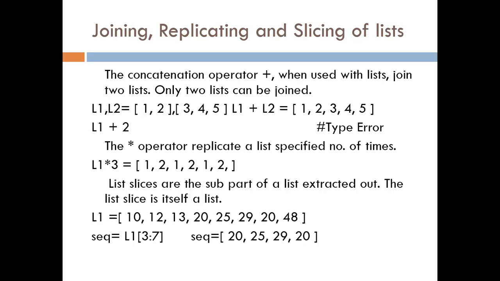The plus operator, when used with lists, requires that both operands must be of list type. You cannot add a number or any other value to a list. So L1 plus 2 gives us an error. So you now know that you cannot add a number or a string using the plus operator with a list, because both the operands need to be of list type if you want to join two lists.